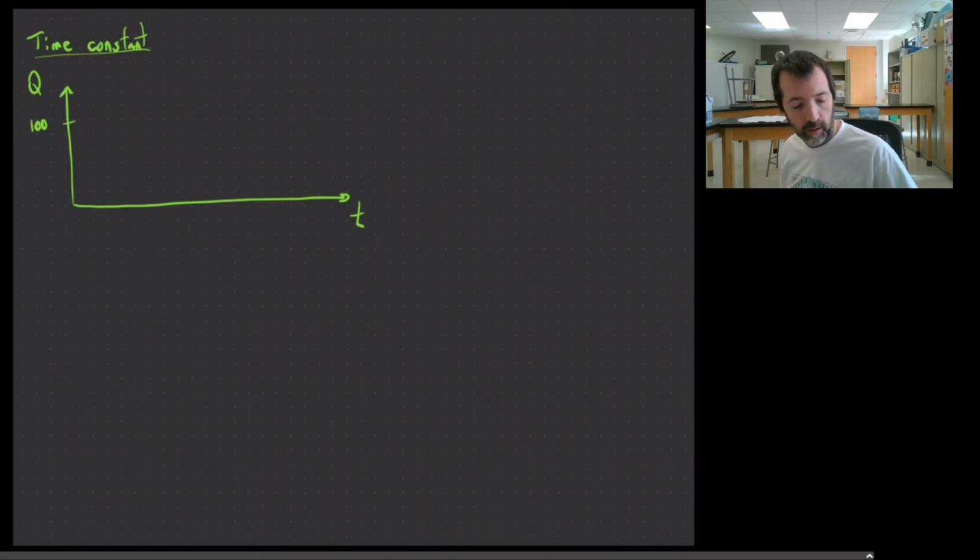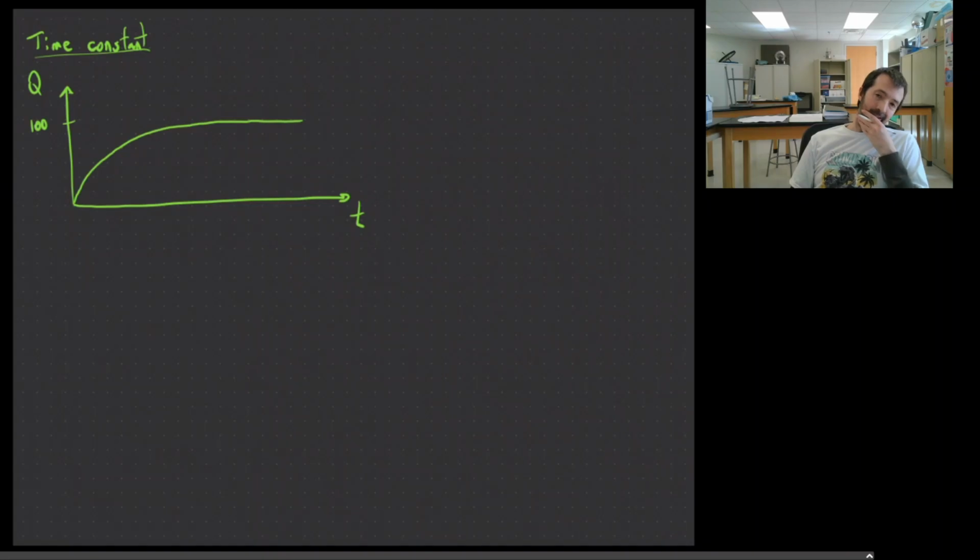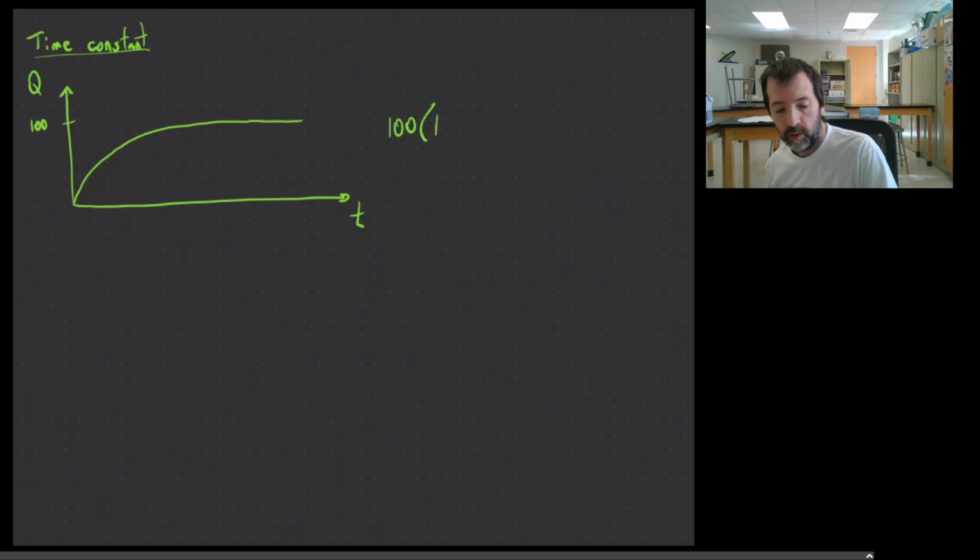And I'm going to say that I am going up towards some maximum value of 100. So this is for the growth pattern. The graph that I just drew is the growth pattern. So the equation for this would be 100 times 1 minus e to the negative t over tau, where tau is equal to RC.